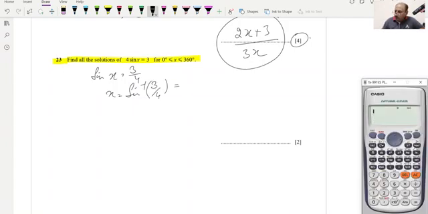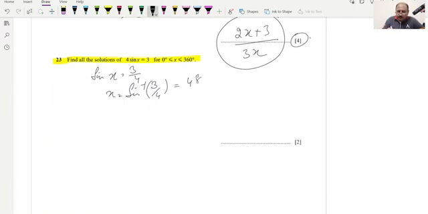So mode 1, and this will be shift sine of 3 over 4, and this will be equal to 48.59. So we can write 48.6. Now this is the value. Now we have to draw the graph.